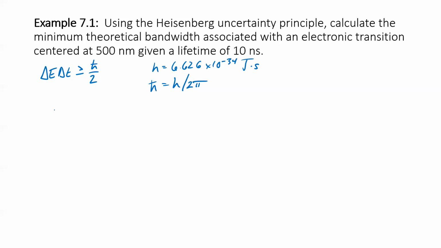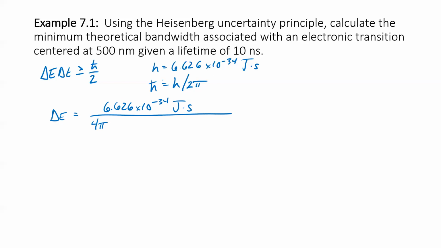So we know that our time is 10 nanoseconds. And we're going to figure out what our bandwidth is in terms of joules first. So delta E equals 6.626 times 10 to the negative 34 joule seconds divided by 4 pi, right?